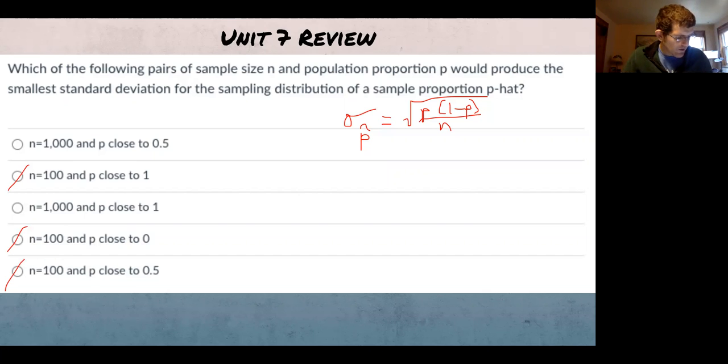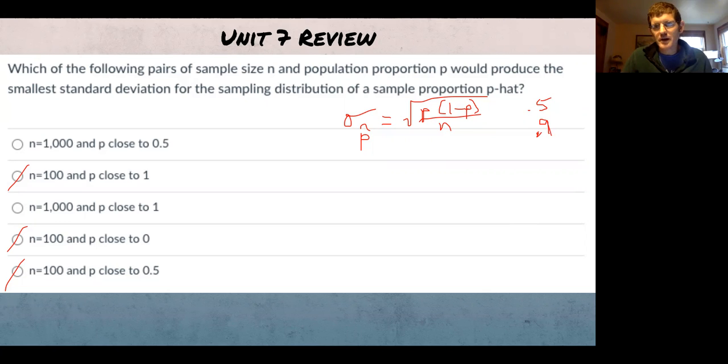Now the question is, is it better to have a p close to 0.5 or closer to 0.9 if you're trying to get as small of a standard error as possible? This isn't something you have to keep in mind; we can just pick two values. 0.5 is right at 0.5, so I'm going to use that for one of them. 0.9 is much closer to 1.